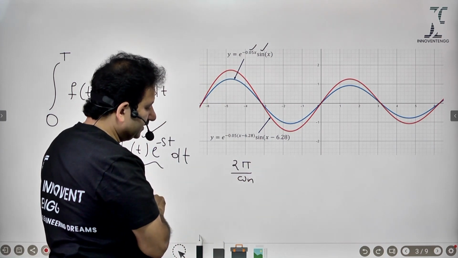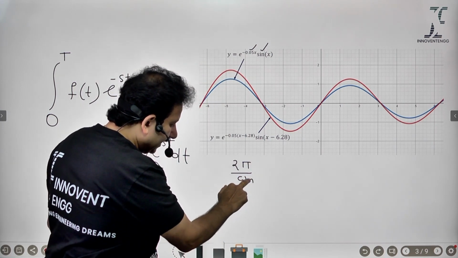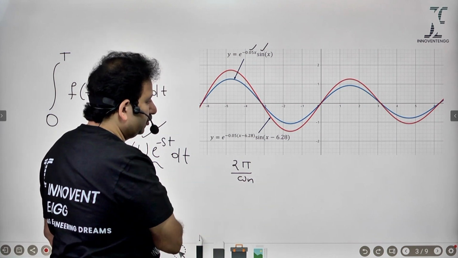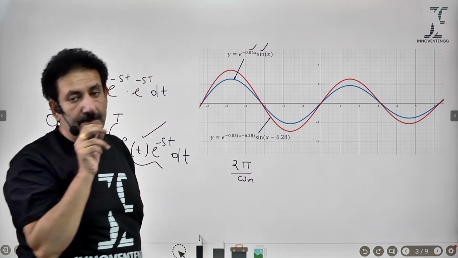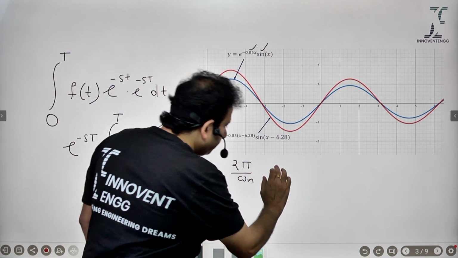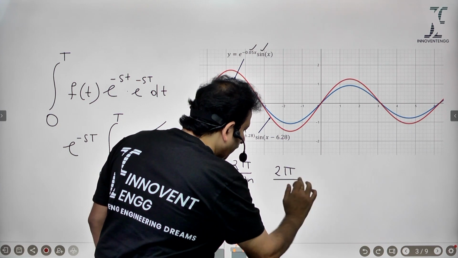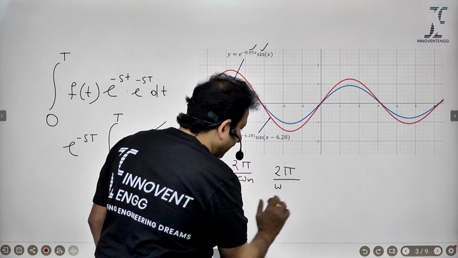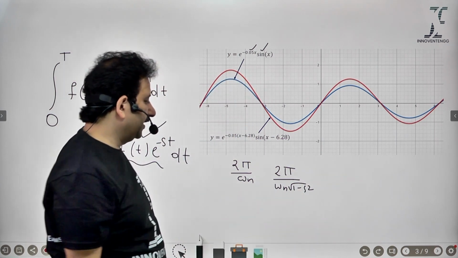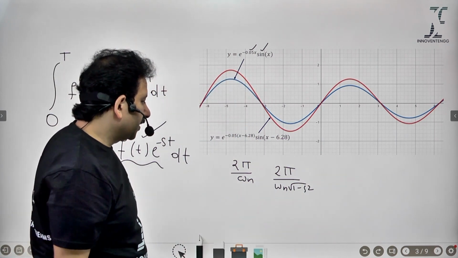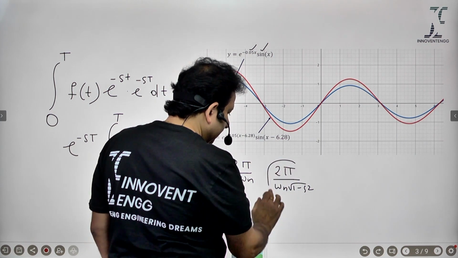I have only attached n as suffix, emphasizing the natural frequency. But when you have an exponential function, that is the damping associated with the system, the period in fact becomes 2 pi by omega damping, which is omega n times square root of 1 minus zeta square, assuming underdamping. So this becomes my period.